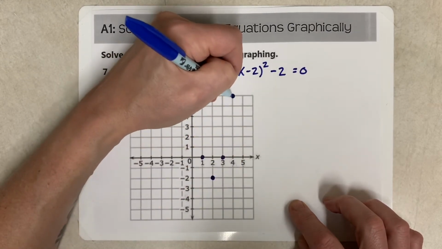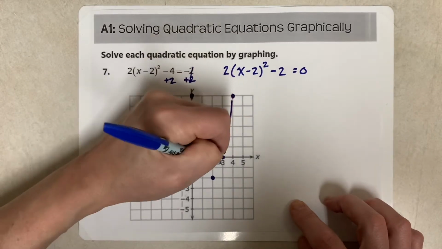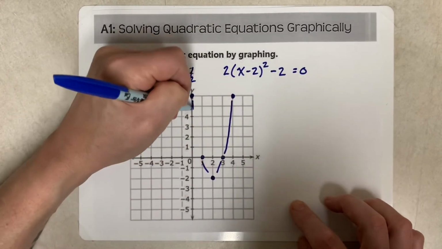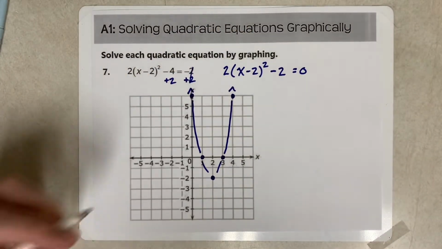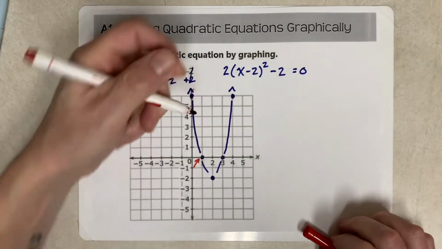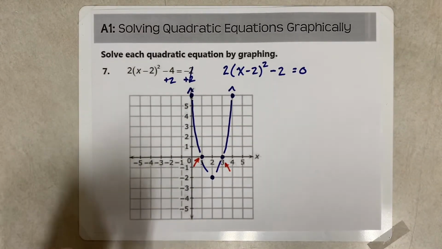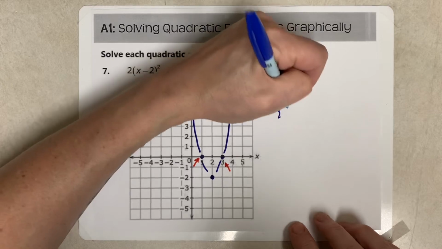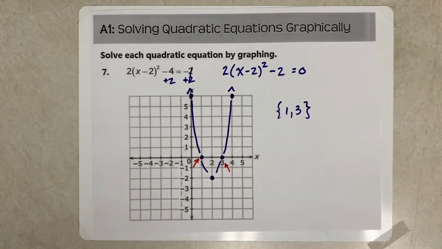It's going to put us all the way at the top. Okay, I'm going to connect our points. And if we set it equal to 0, we're actually looking to see where it crosses the x-axis. And that's going to be at 1 and 3, just like it was before. So we still get the answers of 1 and 3, no matter what.